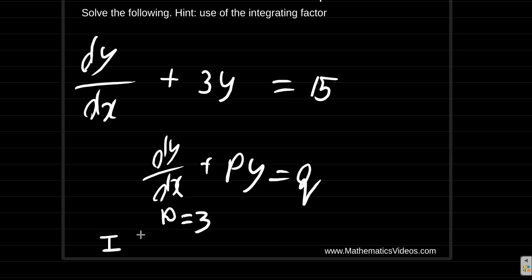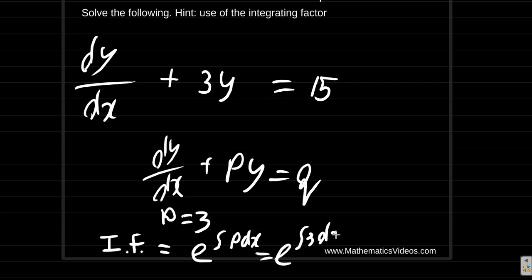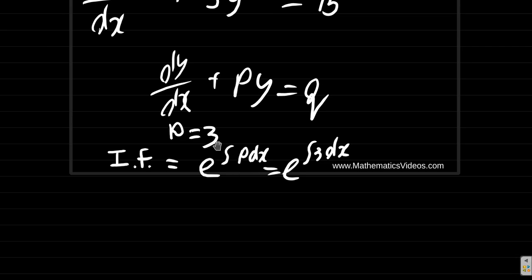Let me just put IF for the integrating factor. Now, the integrating factor is equal to e to the integral of p dx, which in this case is e to the integral of 3 dx. Integral of 3 with respect to x.